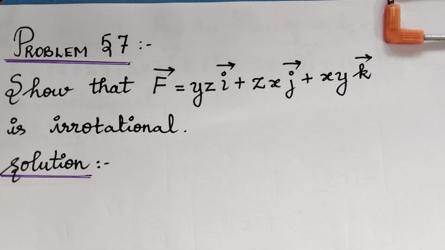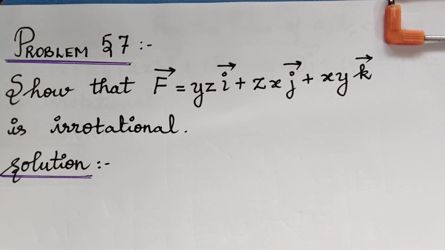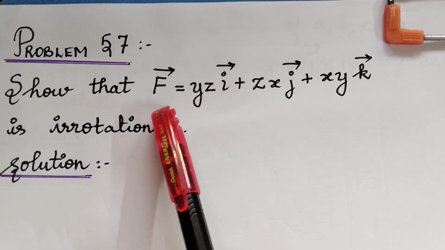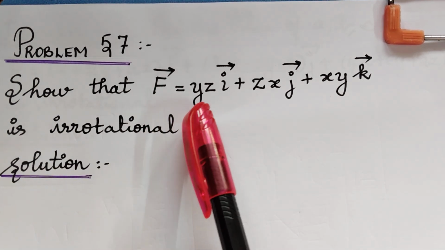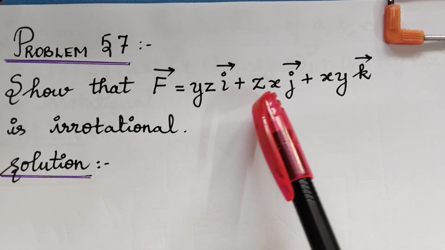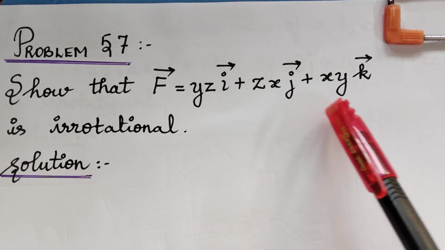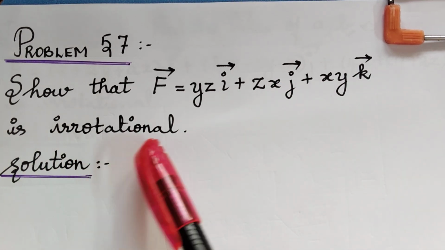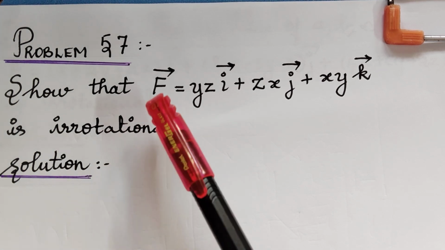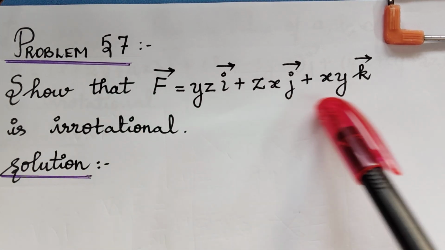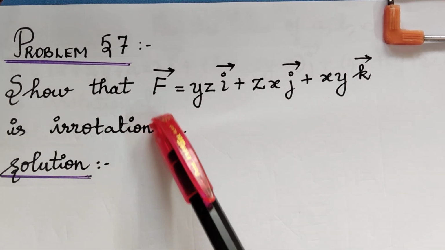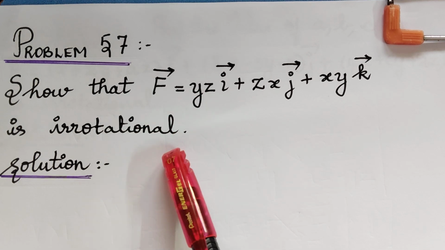So here we have problem 57. Show that the vector f vector, which is equal to yz i vector plus zx j vector plus xy k vector, is irrotational. So a vector point function is given over here. We have to prove that this vector is irrotational.